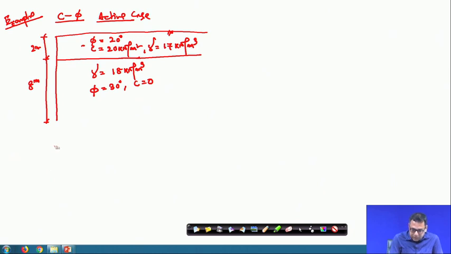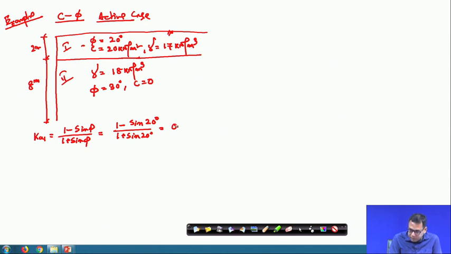Okay. So, first we have two different layers, this is layer 1, this is layer 2 and two different phi. So, we will calculate KA1 is 1 minus sin phi divided by 1 plus sin phi. So, this is equal to 1 minus sin 20 degree over 1 plus sin 20 degree. So, that is equal to 0.49 and KA2 is also 1 minus sin 30 degree over 1 plus sin 30 degree.